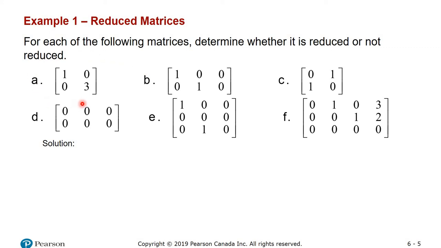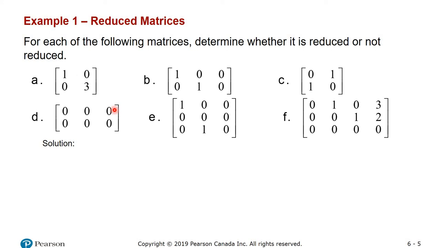Right, so let's look at matrix A. Firstly, the first condition said that rows of zeros must be at the bottom. There are no rows of zeros, so that rule is not going to be applied here. So it's vacuously true for matrix A. Now let's consider the second rule.